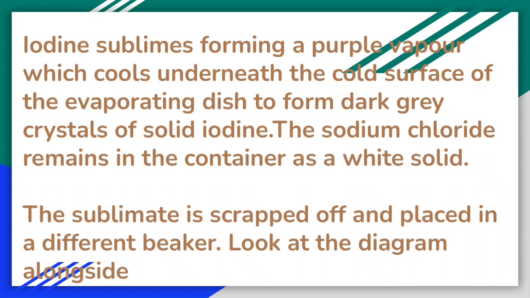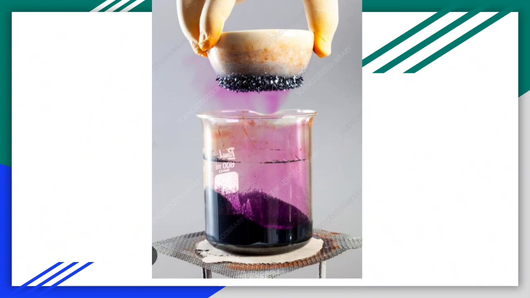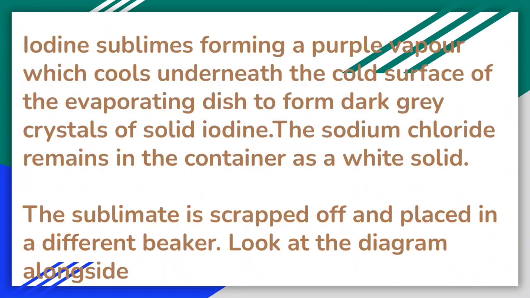So what is happening here is that you heat iodine, it immediately changes to a purple vapor, which then solidifies on the cooler part of the evaporating dish. After the dark gray crystals of the solid collect there, you can scrape them out. Now this method can be used to separate a mixture of sodium chloride and iodine.